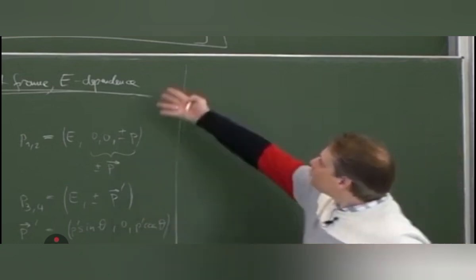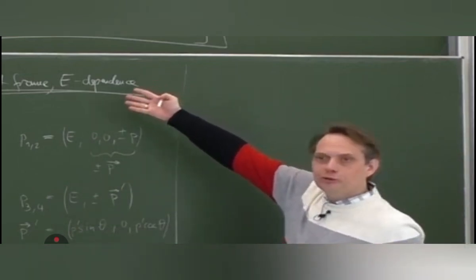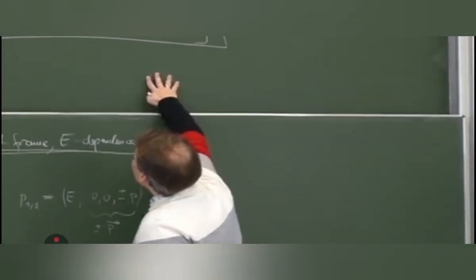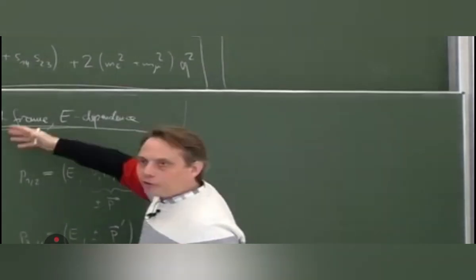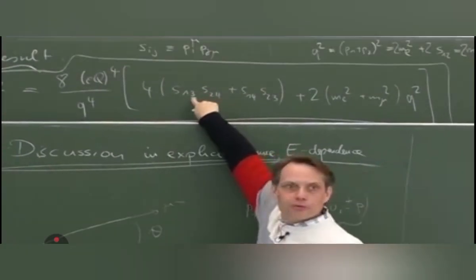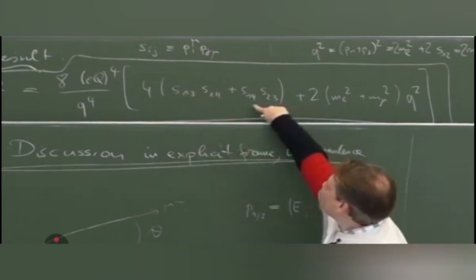Okay, so what happens if we plug in those expressions into the result at the top? Well, it simplifies in many ways. First of all, we have already seen that these two variables, they are actually equal. So we get the square of one variable plus the square of the other variable.